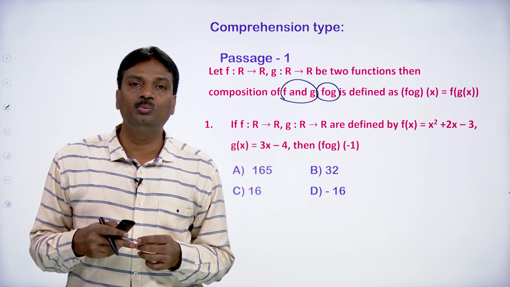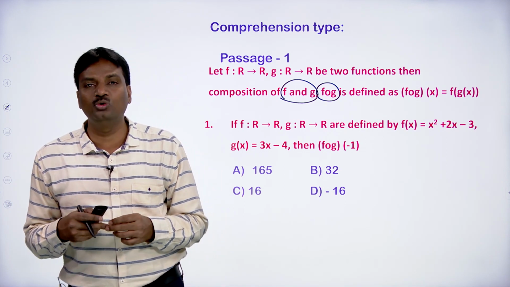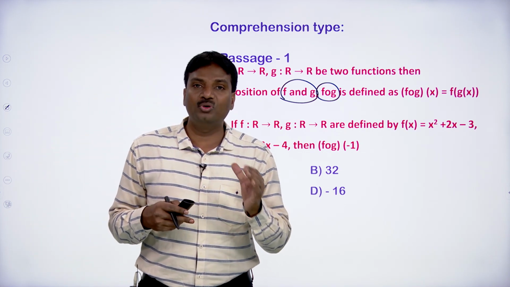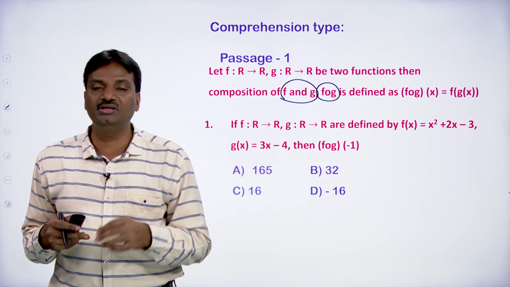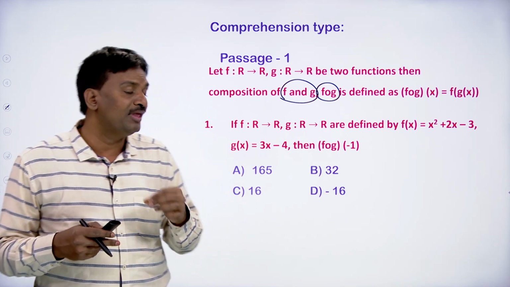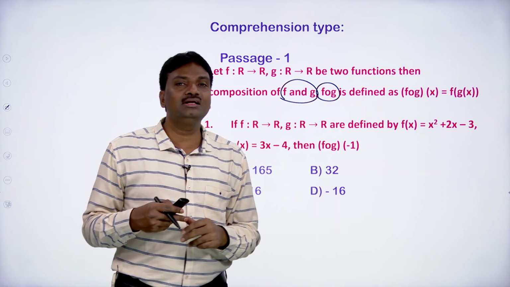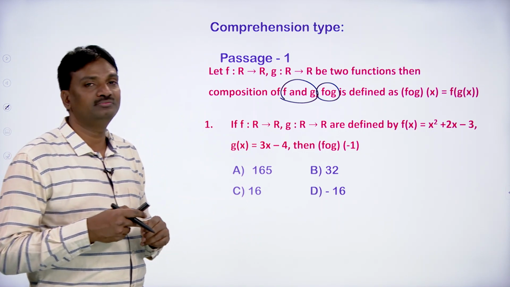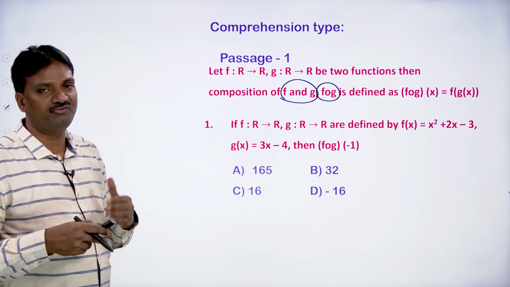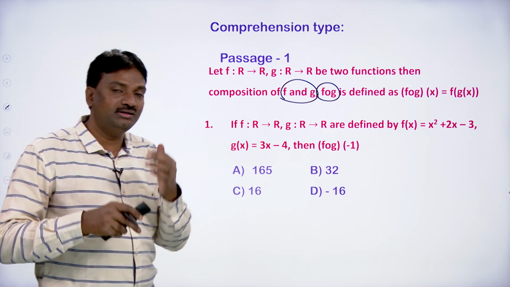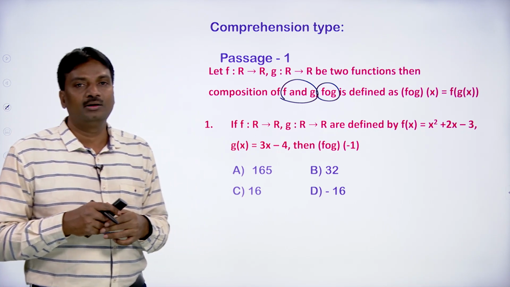If f maps A to B and g maps B to C are 2 functions, then the composite function of f and g is denoted by f circle g and defined as f circle g of x equal to f of g of x. Already we know the definition, but here the definition is given as the passage.